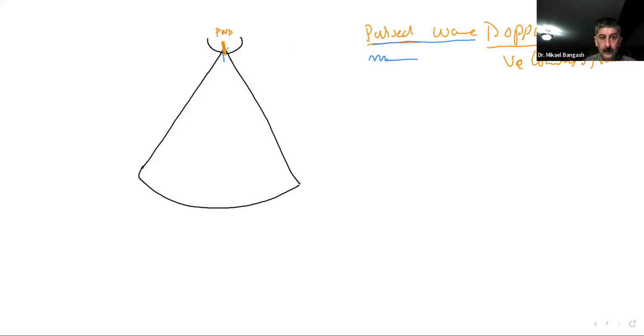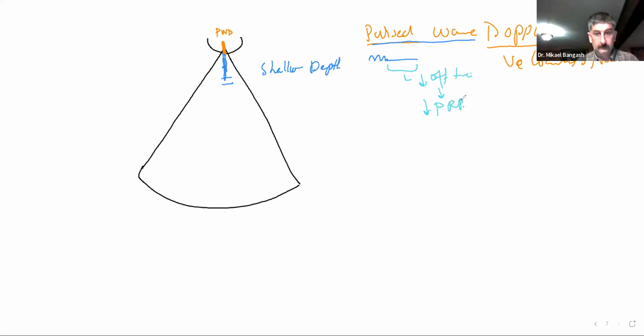If, for instance, we had kept our depth here, we can say this is at a shallow depth, where due to that shallow depth we have a short off time, which mainly will mean that we have a shorter PRP, right?